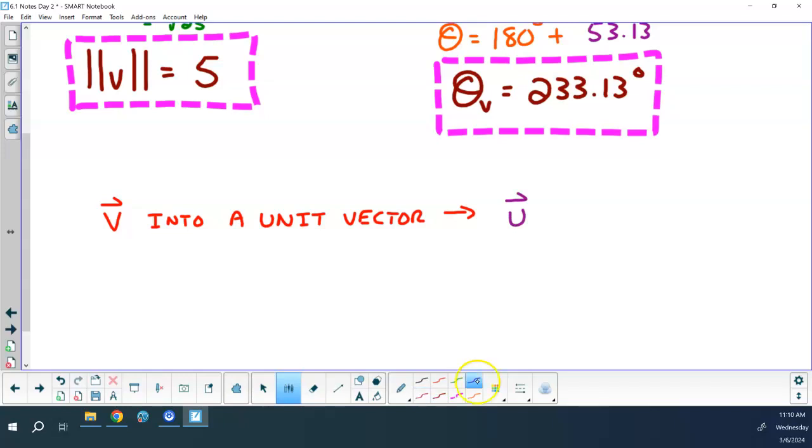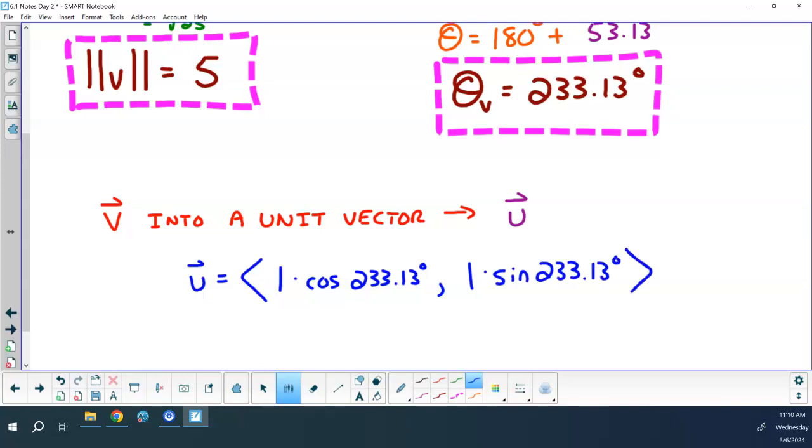So vector u would have a component form of 1, because that's the magnitude of that vector, times the cosine of v's direction angle, comma 1 times the sine of v's direction angle. We do the cosine first.